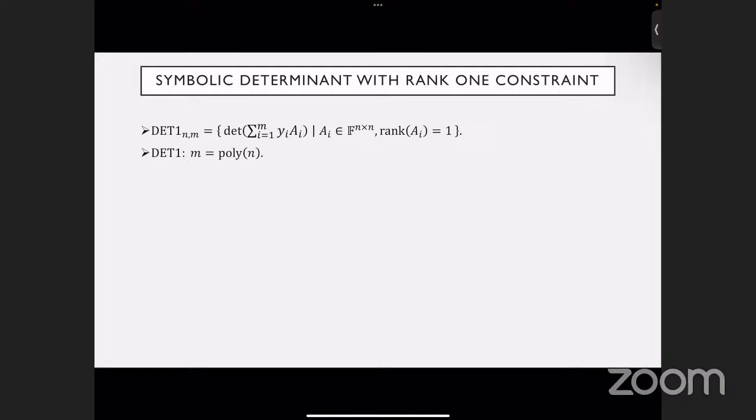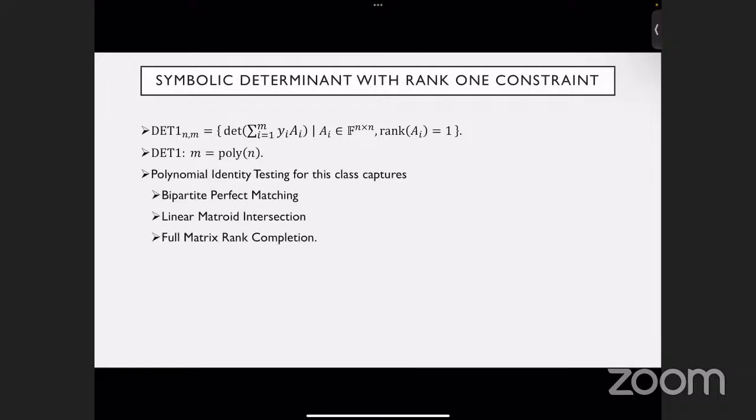If the number of matrix coefficients is polynomially bounded in the dimension of the matrix, then we call this class det1. Polynomial identity testing for this class is known to capture some combinatorial problems like bipartite perfect matching, linear matroid intersection, and full matrix rank completion.